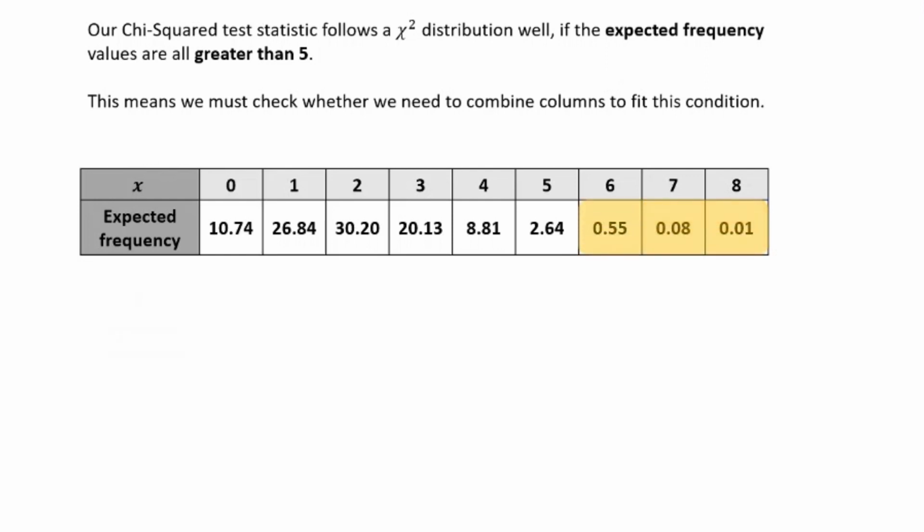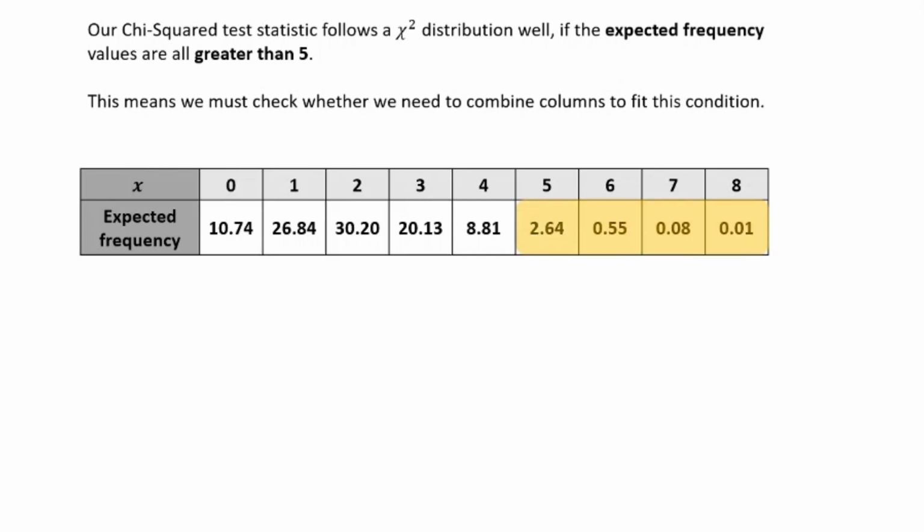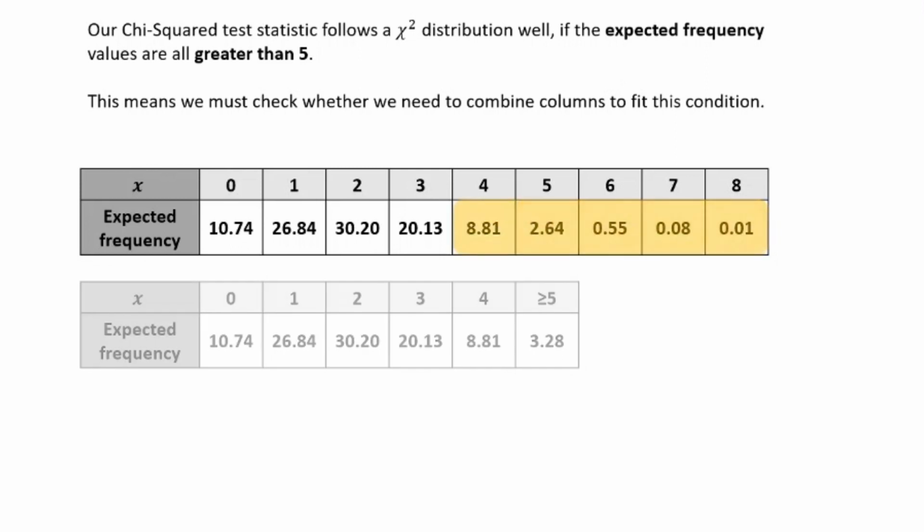So let me actually try and combine all 3 of these cells together. So the frequency that is greater than or equal to 6, 0.64. It's still too small. I need to combine more cells together. How about all 4 of these? The frequency of being greater than or equal to 5 is 3.28. Still too small. So we just keep on going on until we get that frequency to be greater than 5.